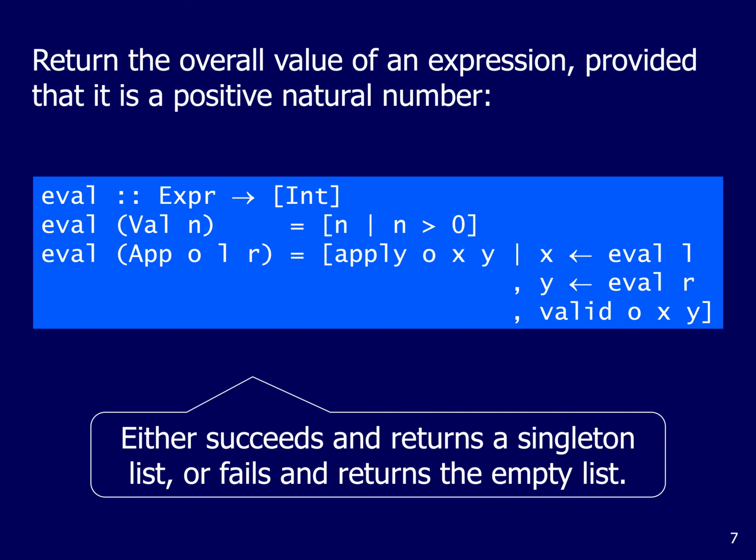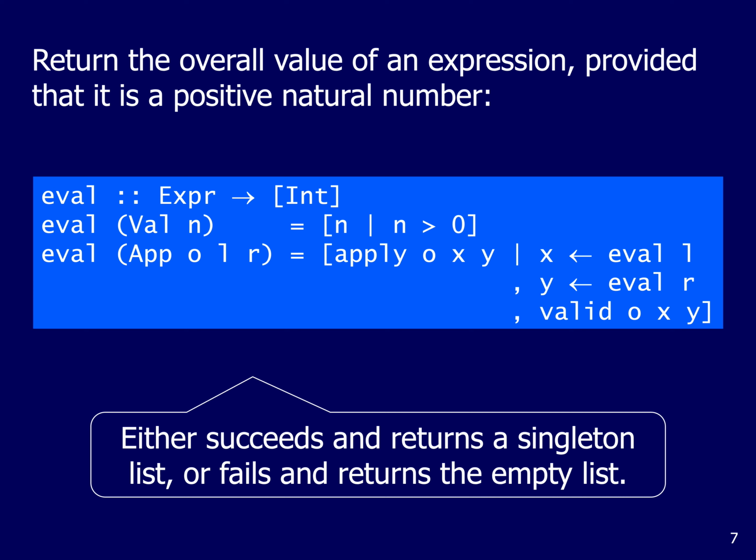And then finally, in the third part, we're checking, is it valid to apply the operator O to those two numbers x and y? And if all three of those things succeed, then what we're going to do in the list comprehension is actually apply the operator O to the two numbers x and y to give us the final successful result.